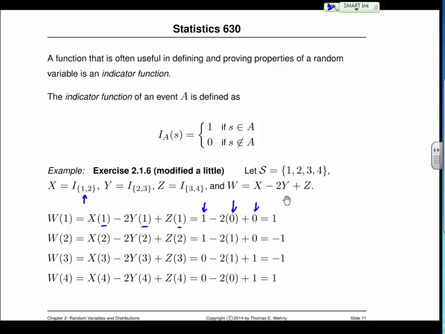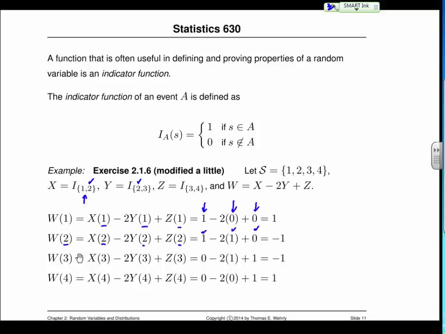Now, if I look at 2, we see that 2 is in the set X, so I get a 1 here. 2 is in the set {2, 3} for Y, so I get a 1 for Y. But 2 is not in {3, 4}, so I get a 0 there.